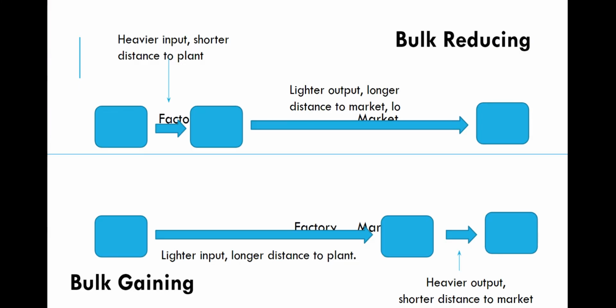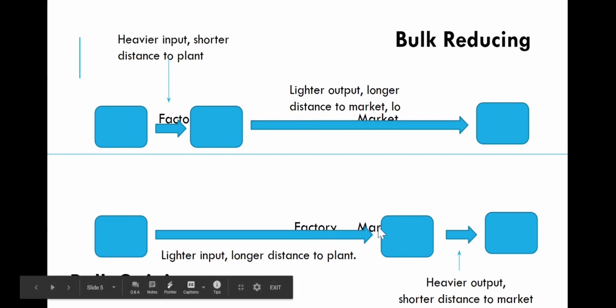All right. A little wonky in terms of the writing here, but essentially you're going to have two main categories. These center blobs we see here are the factories, and these are the markets.